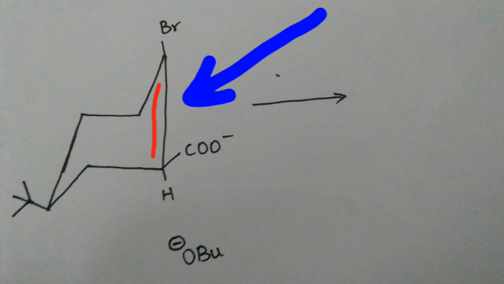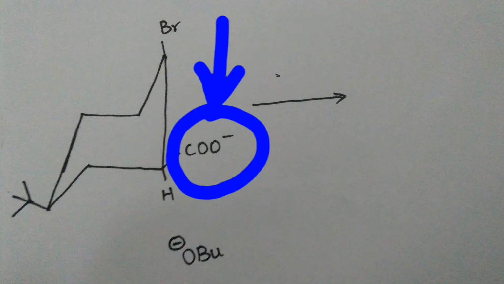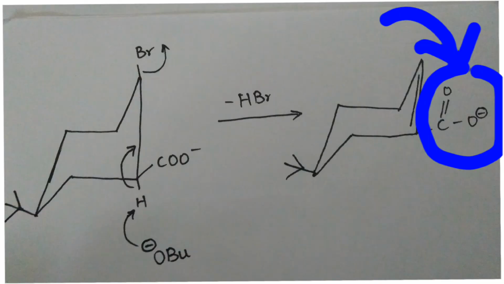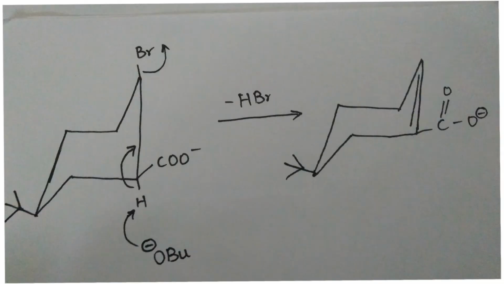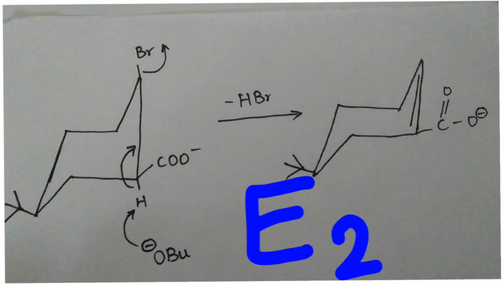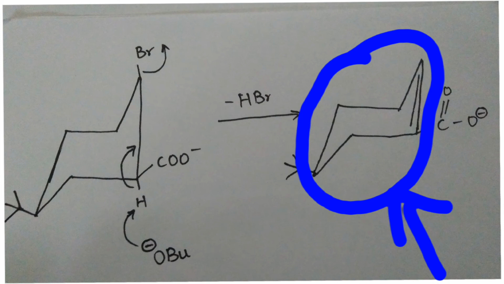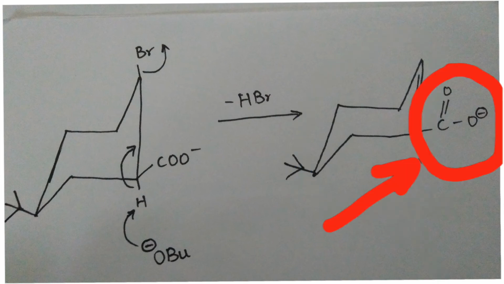So there will be a double bond coming here, and the carboxylic acid group is there in the product. So just now we have witnessed E2 elimination, easily giving the cyclohexene with the carboxylic group.